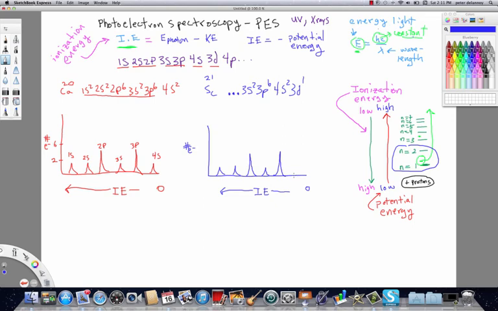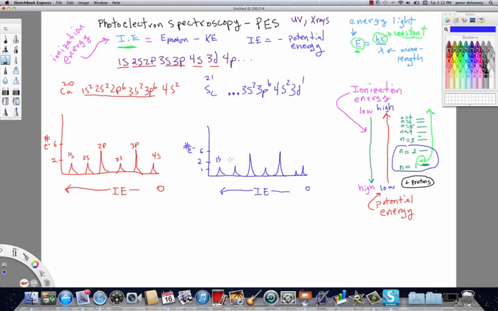What we end up seeing is a peak that's going to look like this, and then a peak that is equivalent to the other peaks that hold 2 electrons. So this is the 2, this is 6, and this is 1. So when we look at the PES scan of scandium, here's what we see.